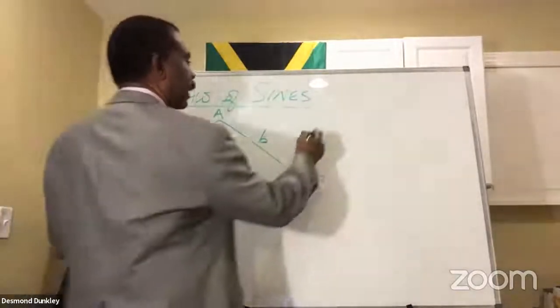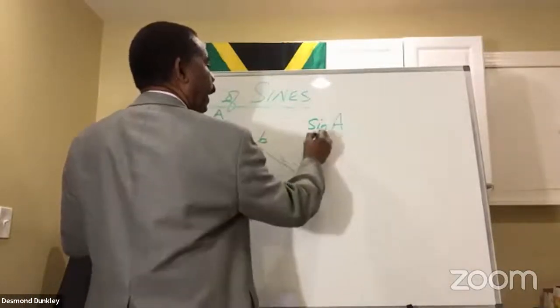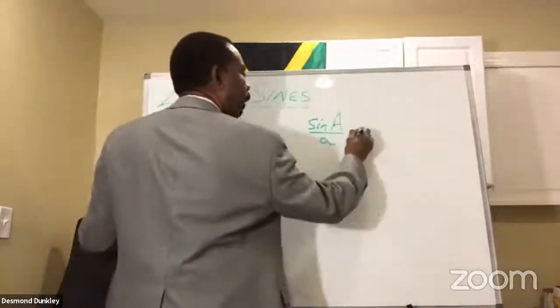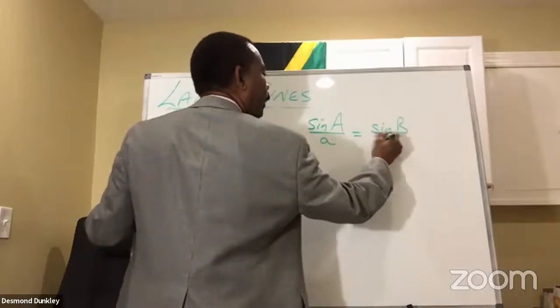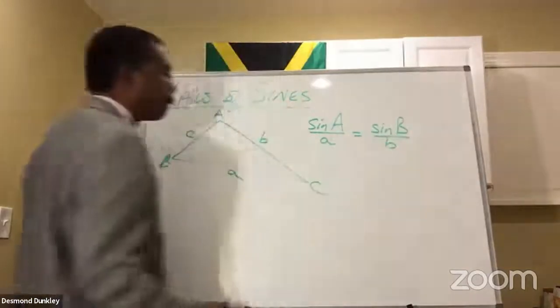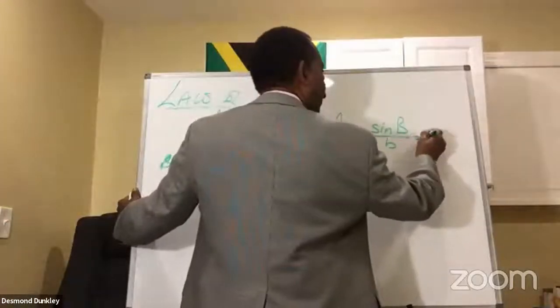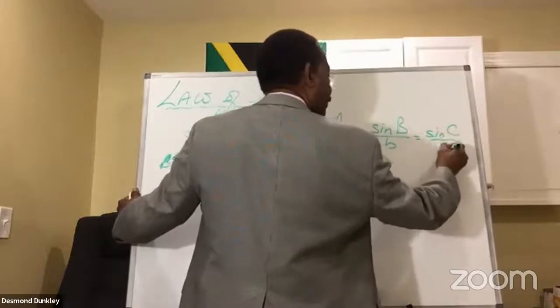What does it say? It says that sine of A over little a is the same as sine of angle B over little b. It also says it's the same as sine of angle C over little c.